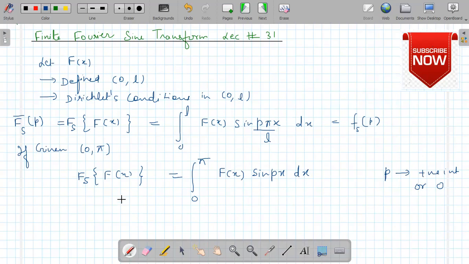If F_s is the finite Fourier sine transform of the function f(x), then we can also define the inverse finite Fourier sine transform.